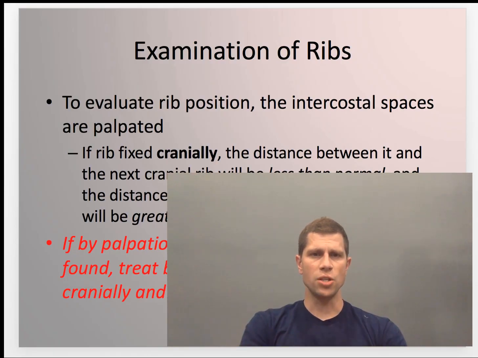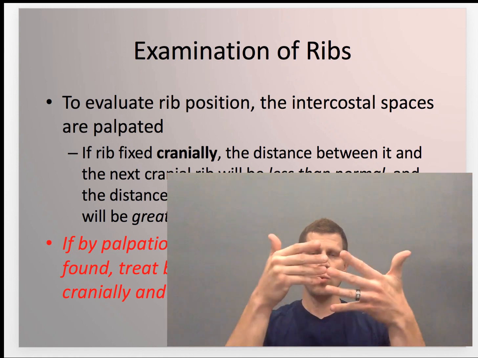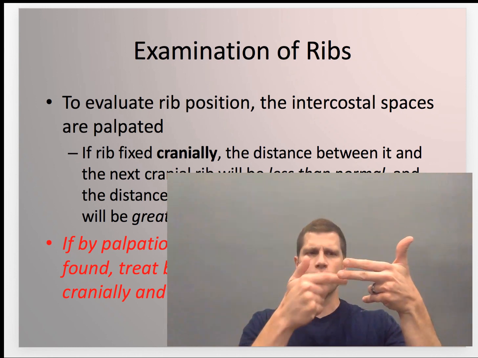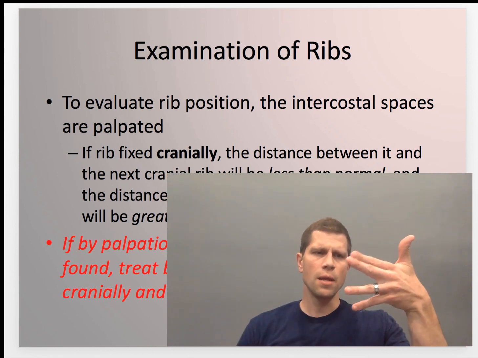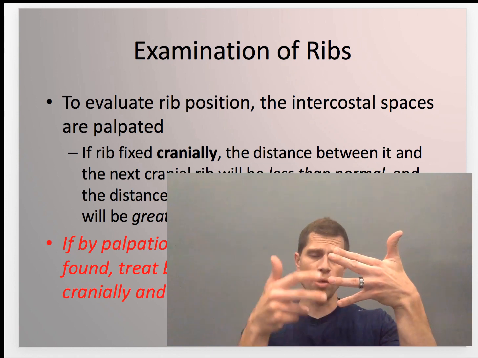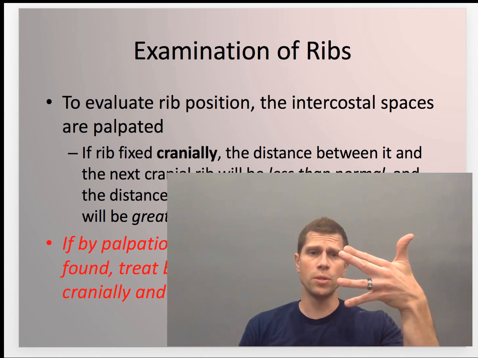During our examination of ribs, one thing that we are looking for is the relationship between one rib and another. As we see in this slide, if a rib is fixed to the other rib above it, cranially, then the rib right below it is still going to be in its normal location in relation to the other inferior ribs.